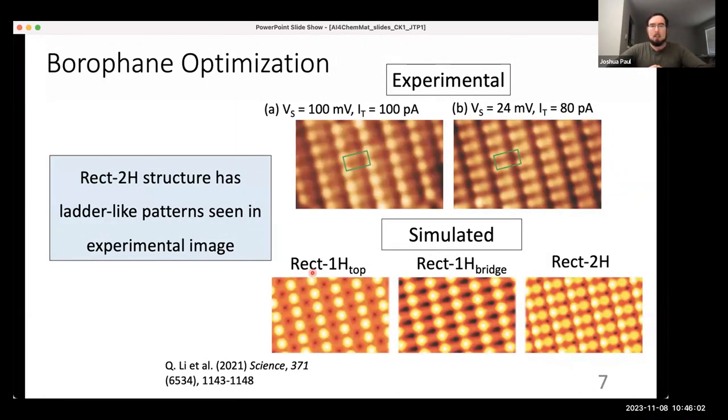Well, the Ingrained-STM tool was able to generate STM images for 3 positions of the hydrogen on the surface and match these theoretical structures to the experimental image. And so what you end up seeing is that the 2H position forming a rectangular pattern ends up being a fairly good match for the bias voltage at 24 millielectron volts, and a fairly good match against the 100 millielectron volt bias for the experimental images.